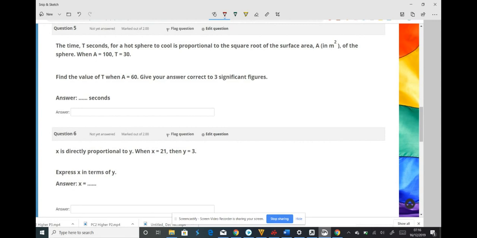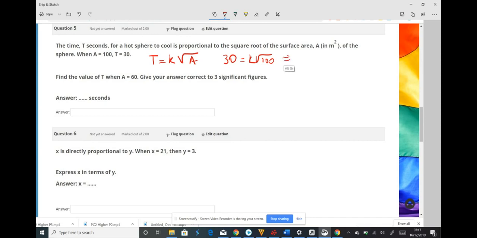So we can write the formula for this. t is proportional to the square root of A. So I can write now that 30, because that's t, is equal to k times square root of 100.